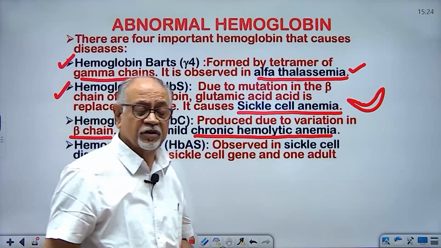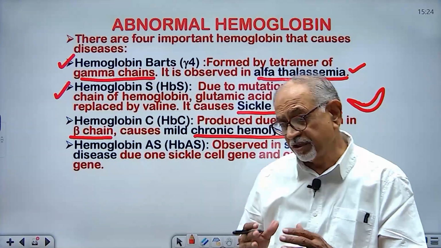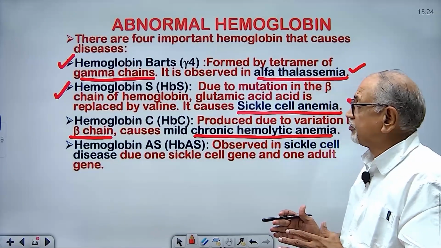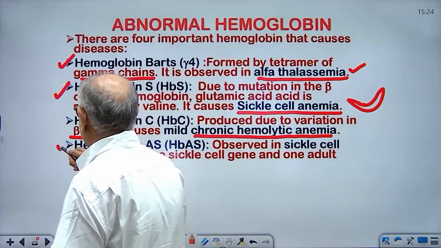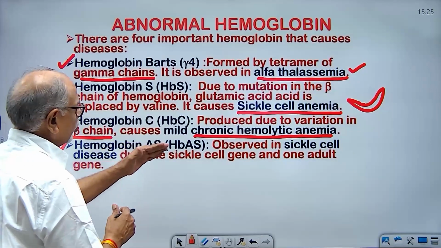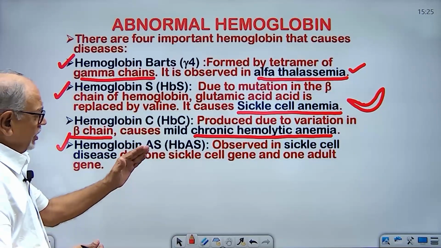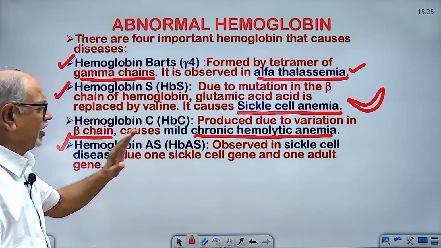Another type of hemoglobin, which is a combination, is hemoglobin AS, that is hemoglobin adult and hemoglobin for sickle cell anemia.